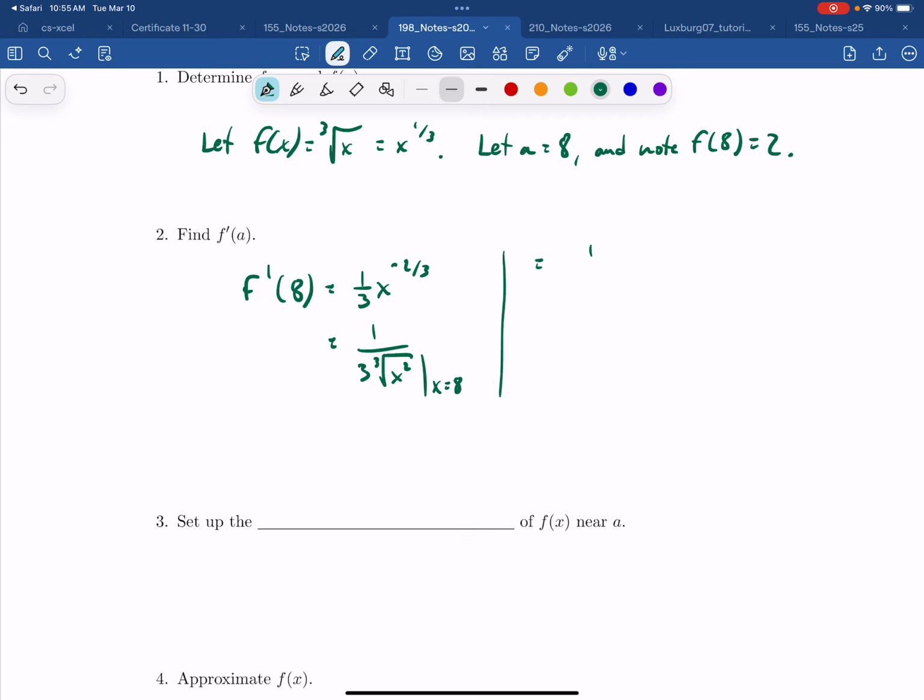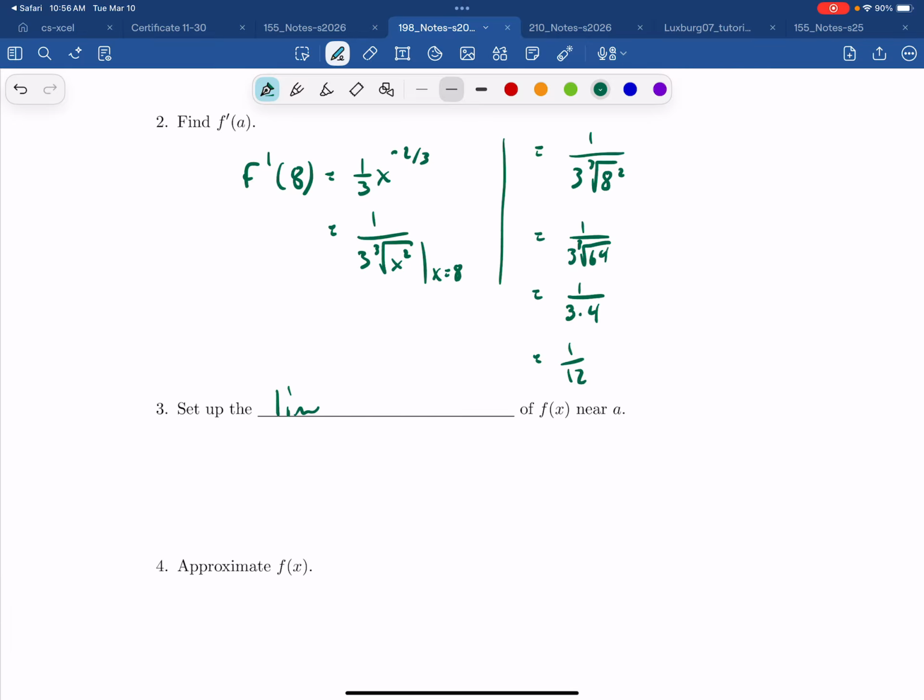Right, and then this gives us 1/3 times the cube root of 8 squared, which is 1/3 cube root of 64, which is 1/3 times 4, because the cube root of 64 is 4. 4 times 4 times 4 is 64. Right? And then this equals 1/12. Okay? So from all this, we get 1/12.